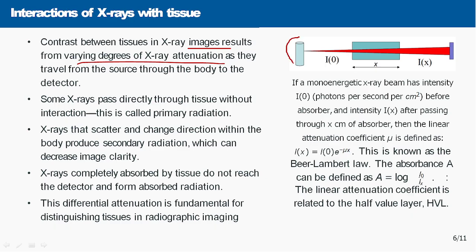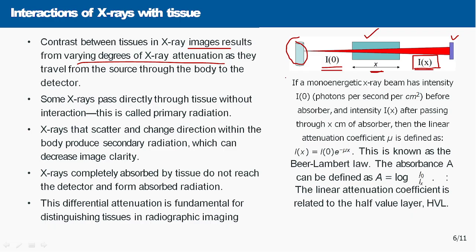Let's say this is the X-ray source which has an intensity of I naught, and when it is passing through some body mass of width x, after passing through that the intensity is reduced to Ix and it has been captured in the photographic film.